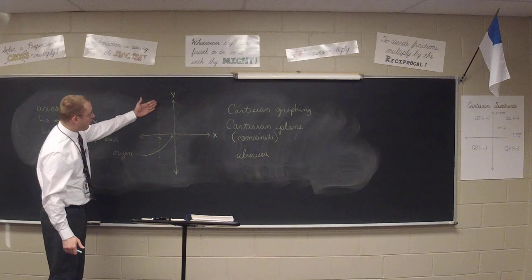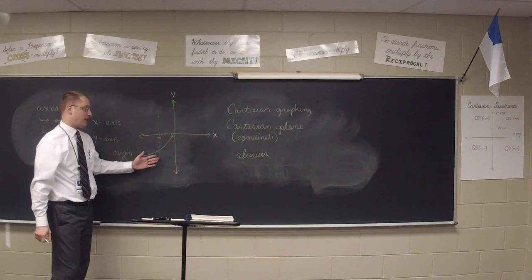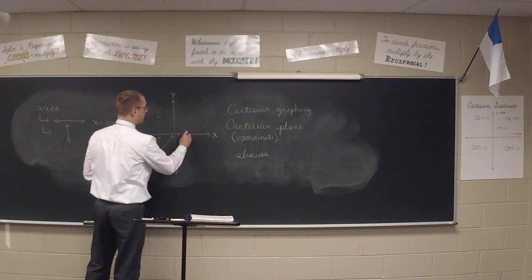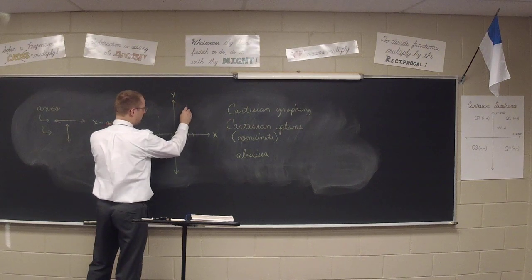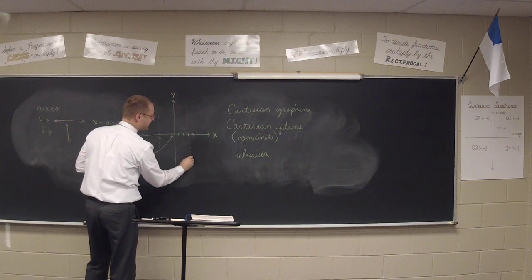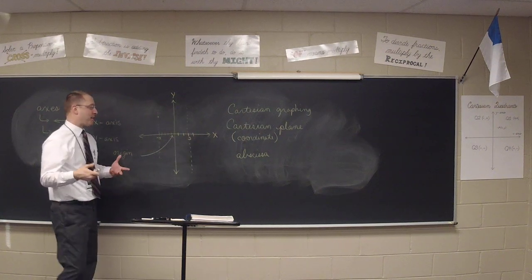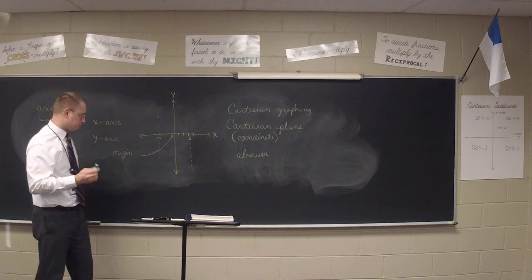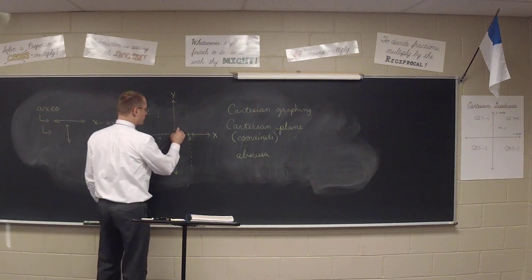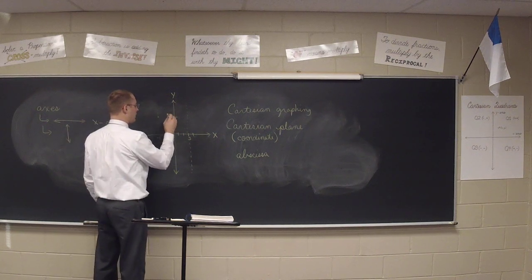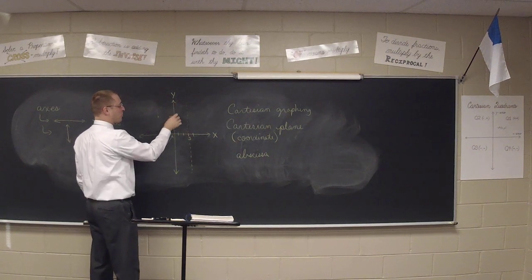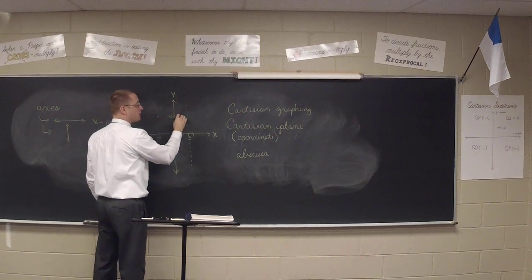And any point that I were to put along here has the same abscissa of -5. Any point I were to put along here, class, would have an abscissa of +3, right? That's what the abscissa of all those different points would be. Well, y values also have a certain name. And let's just say this has a y value of 5, like all these other points would.